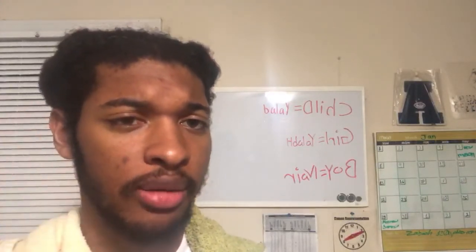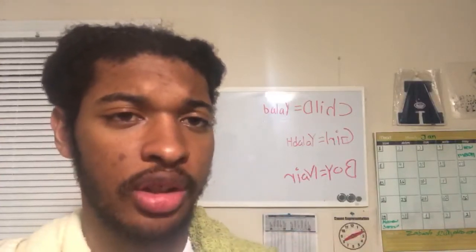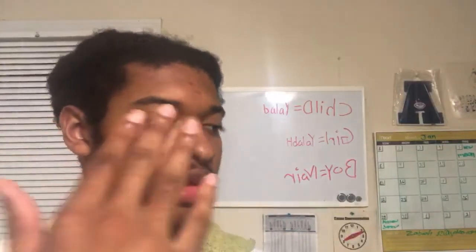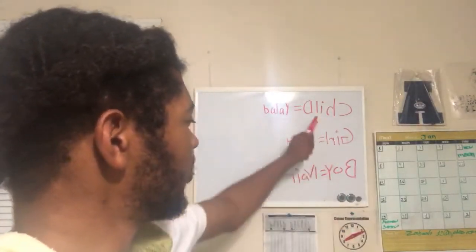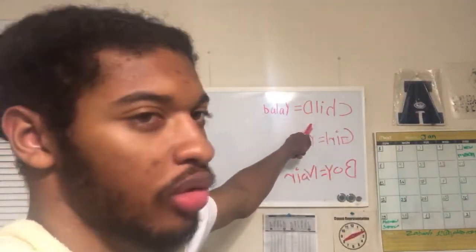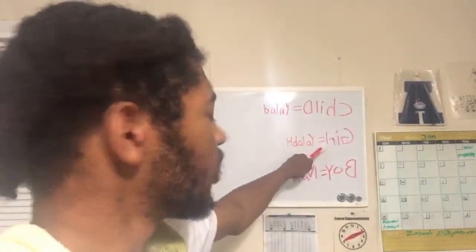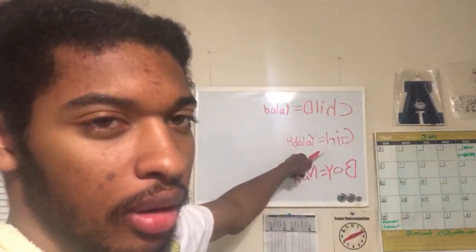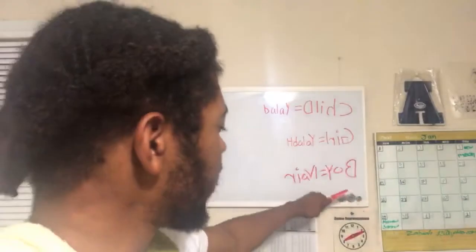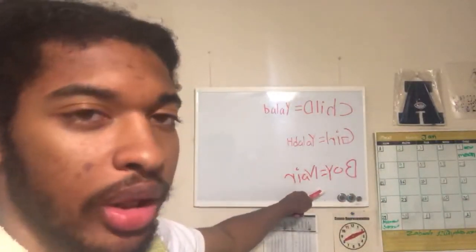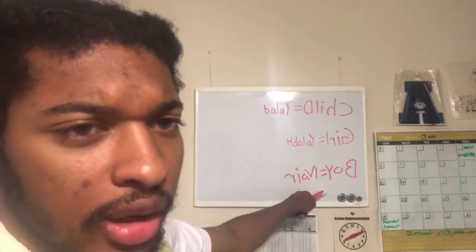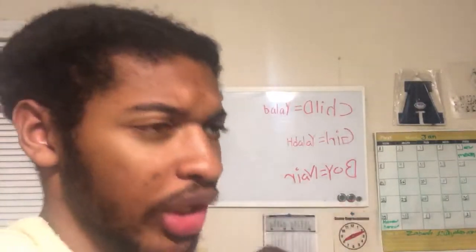Sometimes gender pronouns help get straight across to the point, but words are effective because they have a meaning and a use. So you have child, no gender, yalada, feminine, and then you have near for boy. I don't even say masculine, just for boy, near, right?